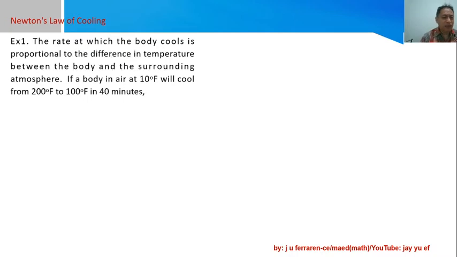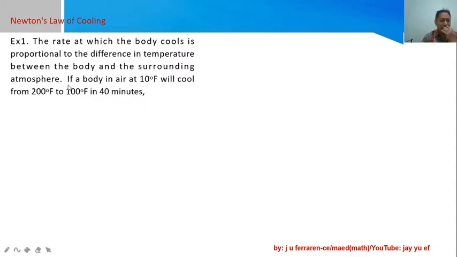Here is a problem that applies the formula we derived. The rate at which a body cools is proportional to the difference in the temperature between the body and the surrounding atmosphere. That is a restatement of Newton's law of cooling.